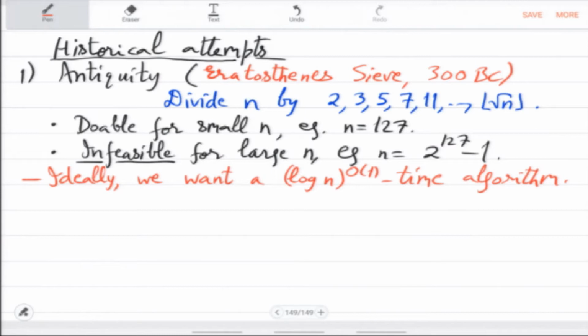So this will be a polynomial time algorithm. That's what we want. But this method, the previous method, square root n steps, is something like 2 raised to log n. Okay, so it is exponential time.